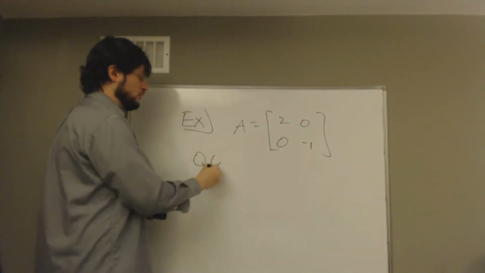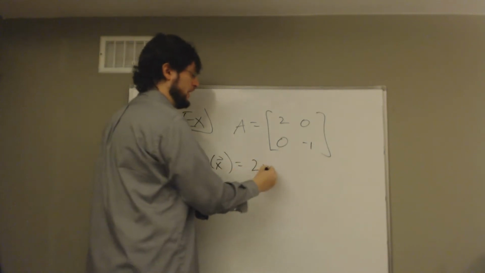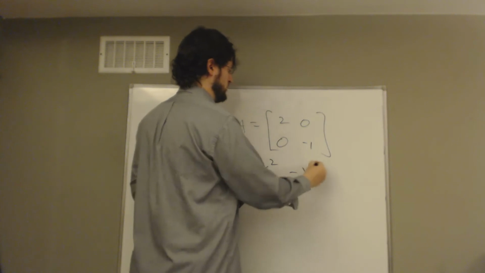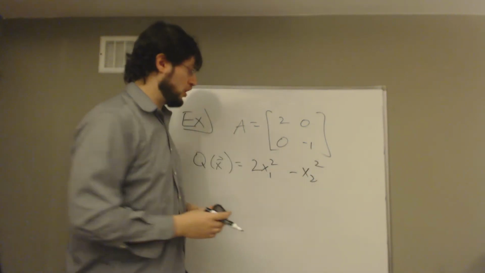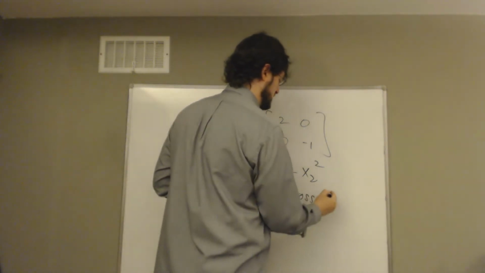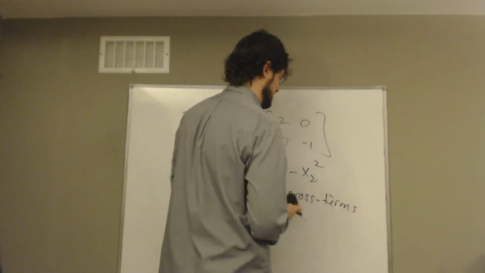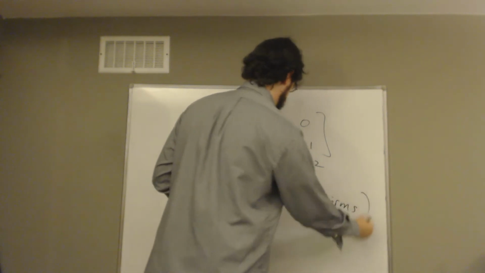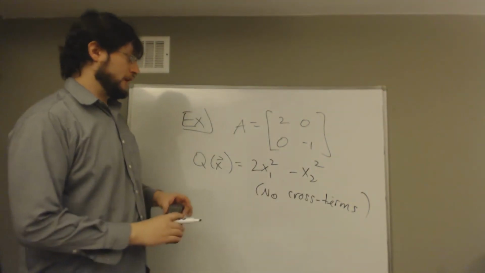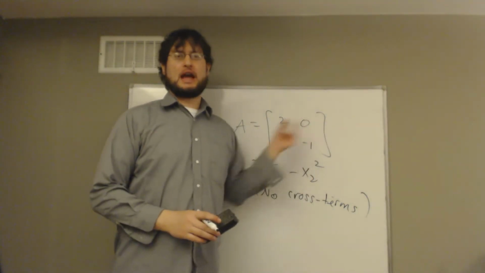The quadratic form then will be 2 x1 squared minus x2 squared. And there are no cross terms. So that's great, and we would prefer to have this.